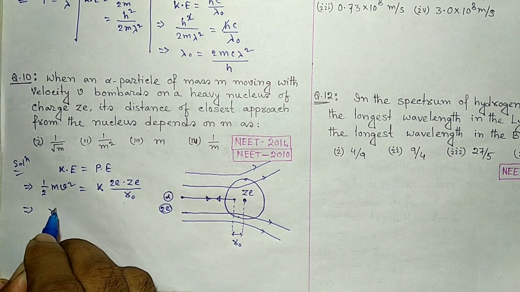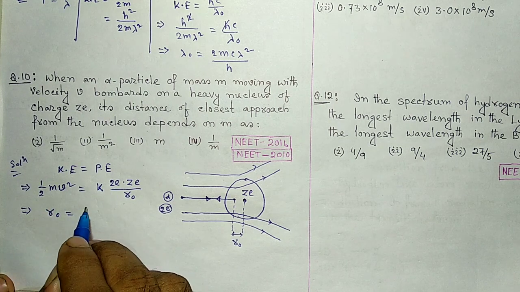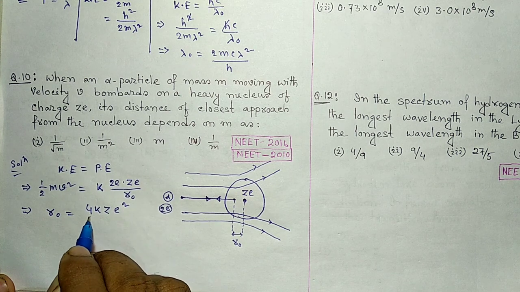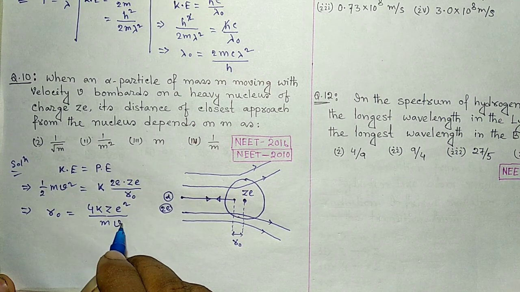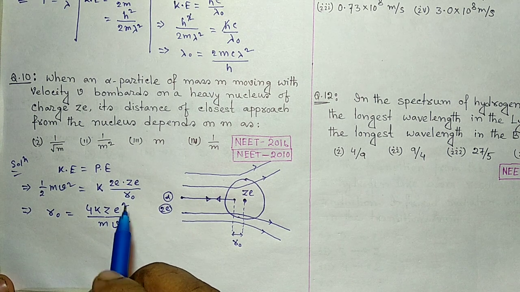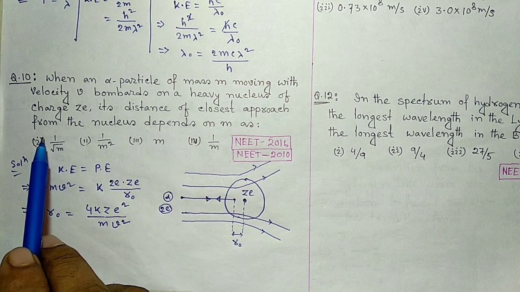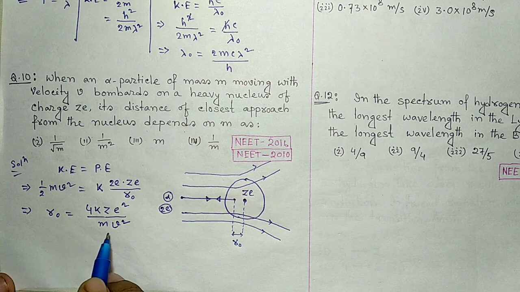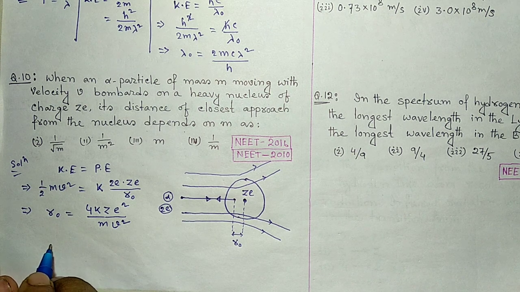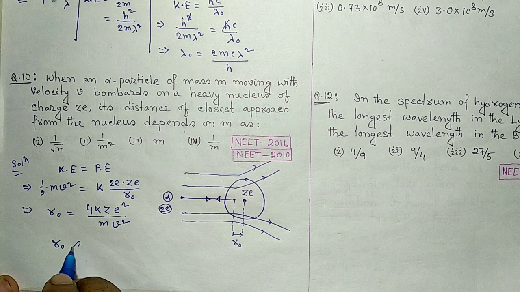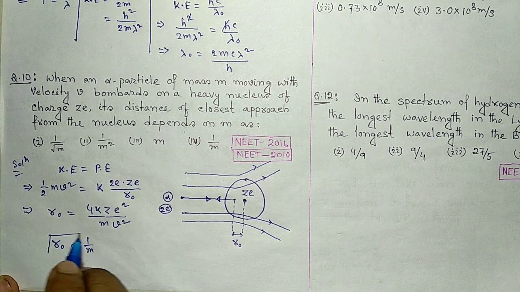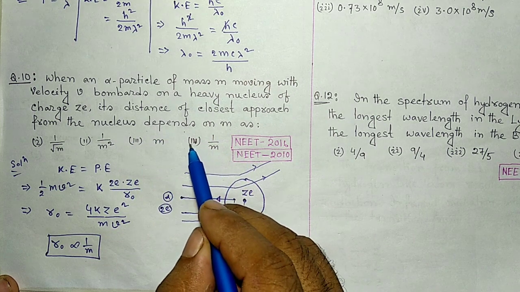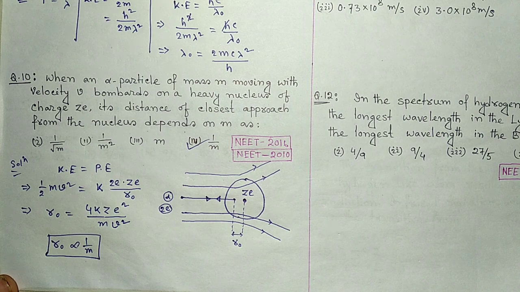Now R naught equals 4k z square divided by m v square. We have to find how the closest approach depends on m. From the relation we can easily find R naught is proportional to 1 by m.